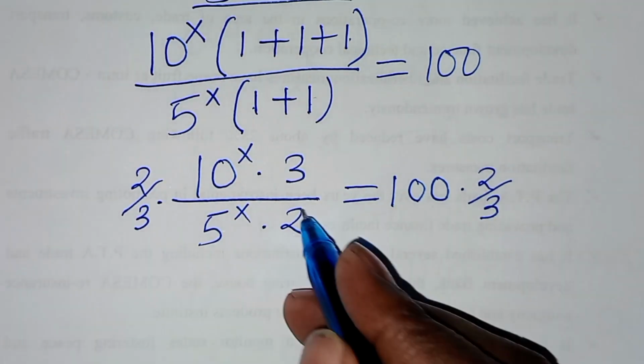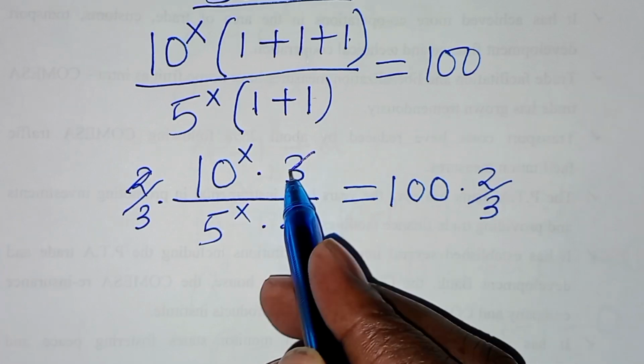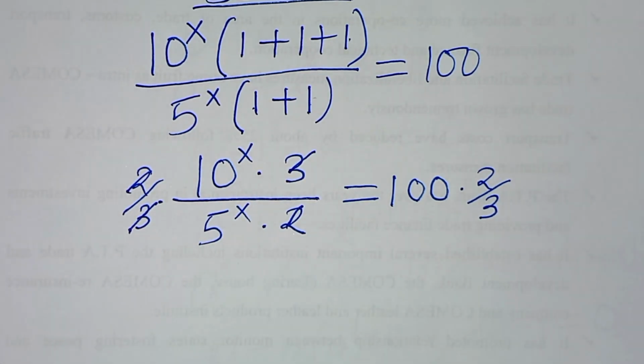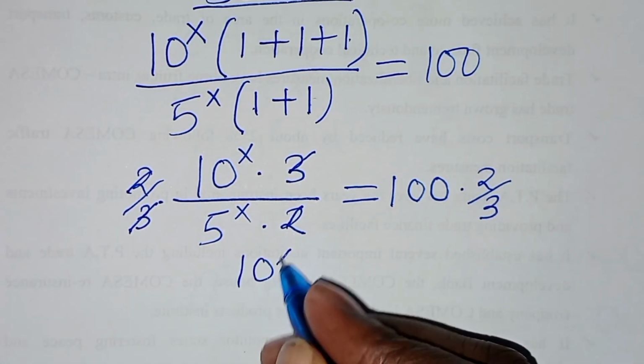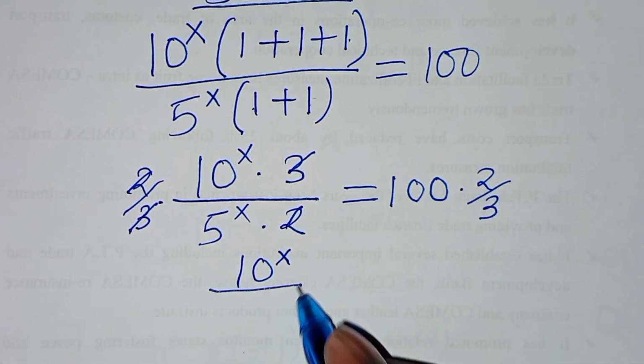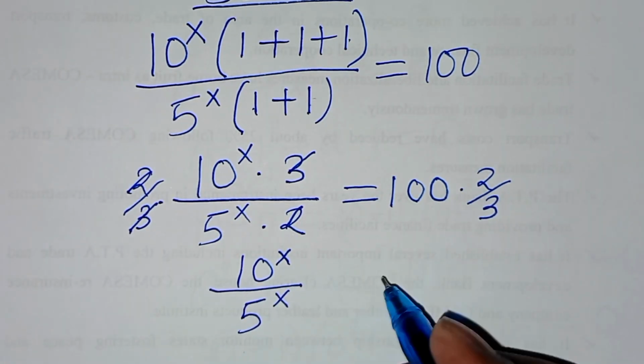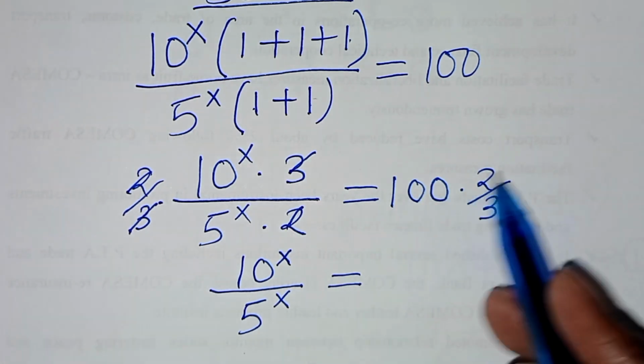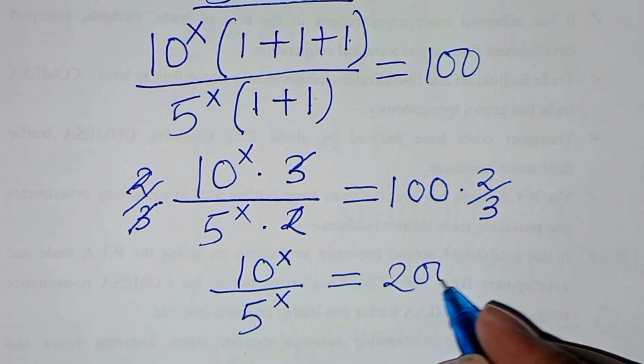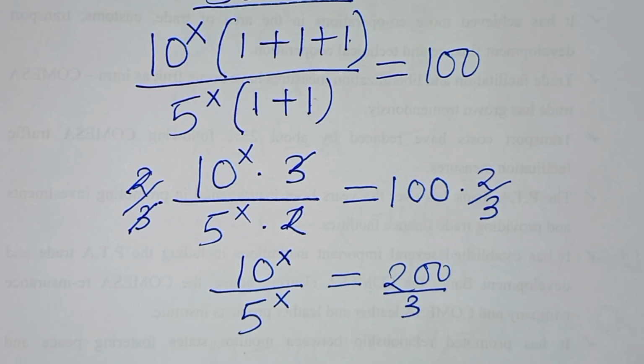So that now here 2 and 2 simplifies, and then 3 and 3 simplifies, so that we'll have 10 to the power x divided by 5 to the power x. This is equal to 100 times 2. This is 200 divided by 3.